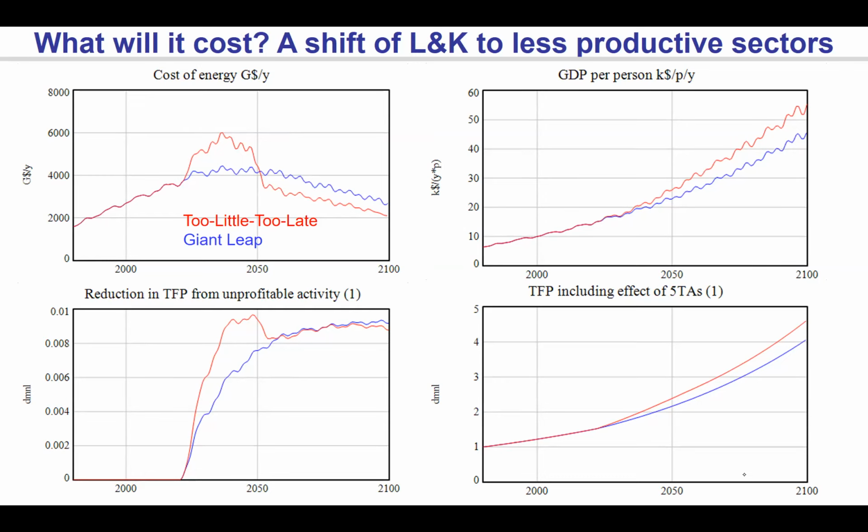So you see the blue line shows the too little, too late scenario, where the cost of energy is of the order of $4 trillion per year, keeping relatively stable and then declining towards the end of the century. If we introduce the giant leap, the accelerated introduction of sun and wind, we increase the cost.